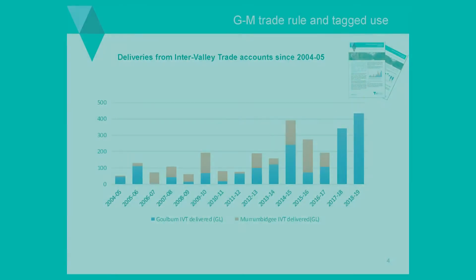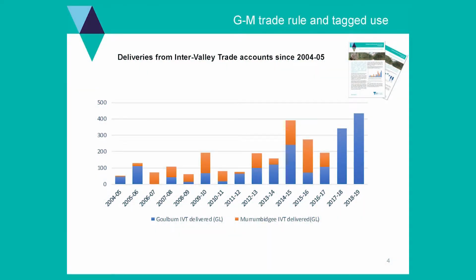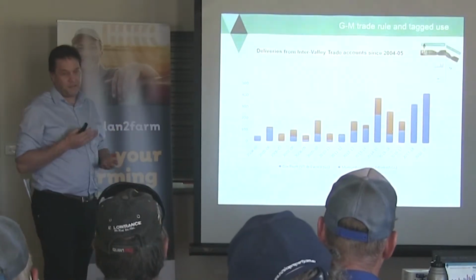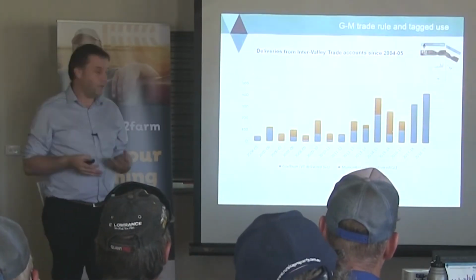Traditionally, a lot of water is being supplied from the Murrumbidgee as well as the Goulburn. On average, it's been about 60 GL which has been delivered from the Goulburn. As you can see, over time, it's fairly balanced between what's been coming out of the Bidgee and what's been coming out of the Goulburn.